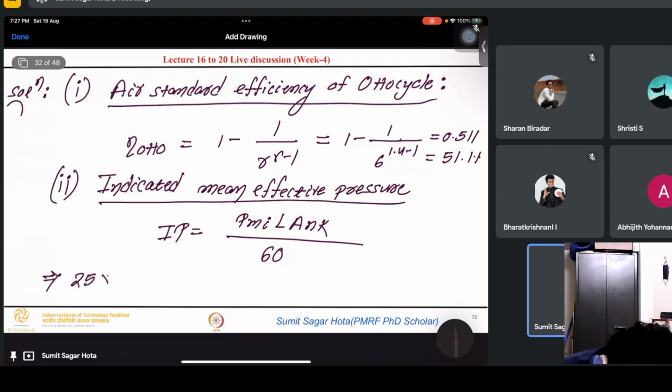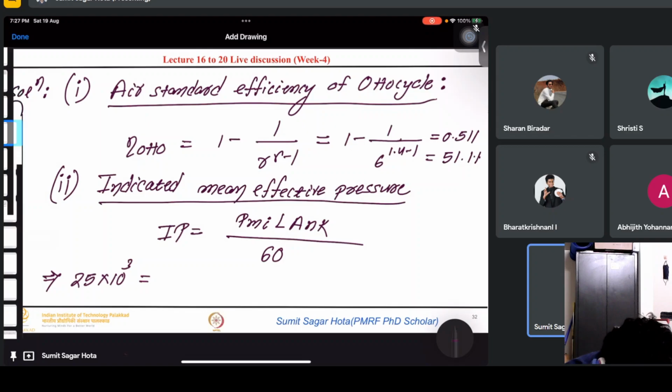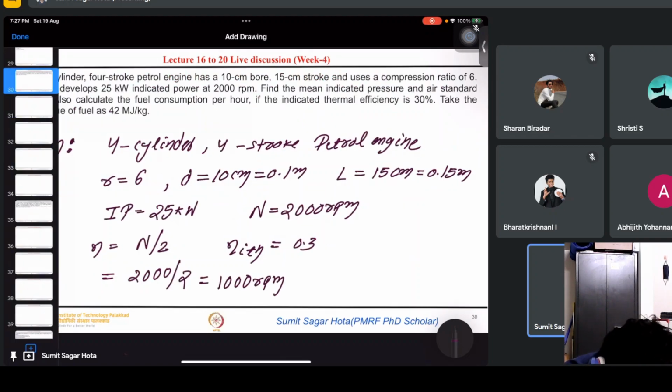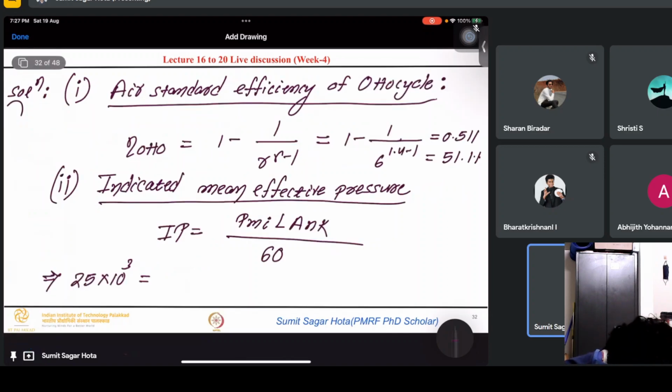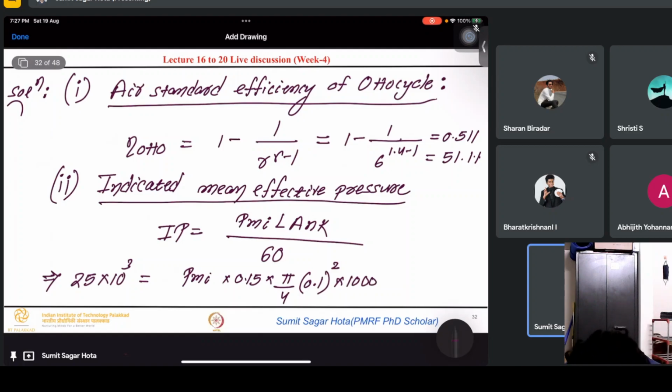So 25 times 10 to the power 3, because kilowatt is given, so 10 to the power 3 converts it to watt. PMI we don't know, because that is our indicated mean effective pressure. L we know, 0.15. Area we can find by pi by 4 d square, the cross-sectional area of a cylinder. Your RPM for 4-stroke is 1000. What is K?